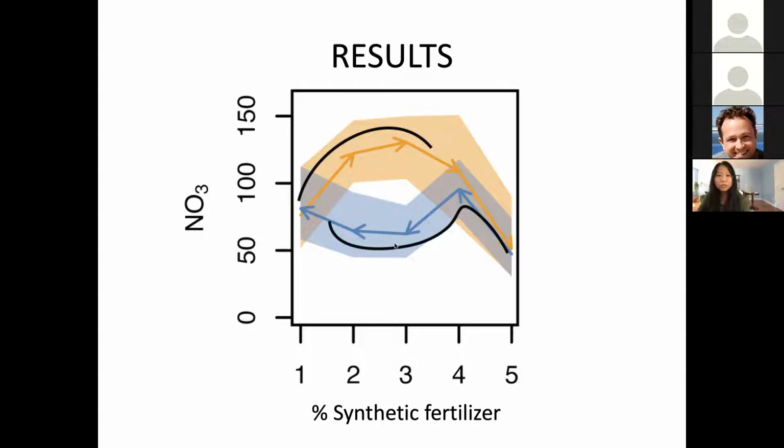So there's 2 alternative states existing at the same levels of management, depending on whether we start at the organic or synthetic end. And interestingly, this result implies that going back to organic management results in less nitrate loss than going forward.